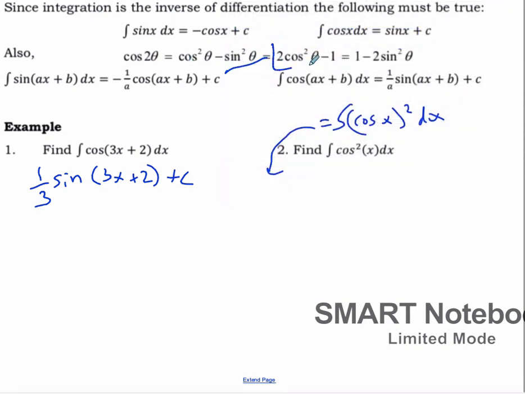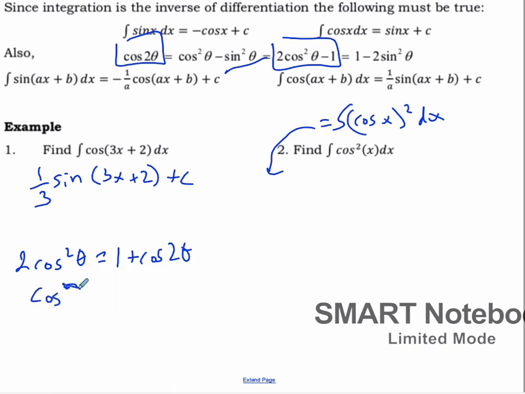So just this part, this equals this. This means that 2 cosine squared theta equals 1 plus cosine 2 theta, and you can divide by 2. So cosine squared theta equals 1 plus cosine 2 theta over 2.